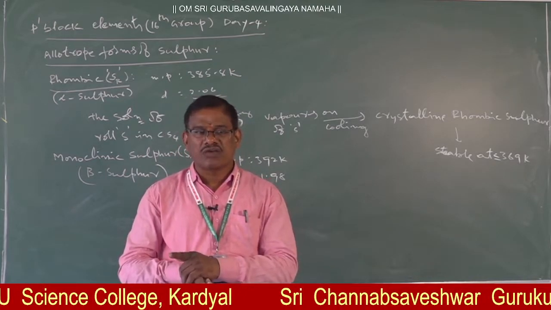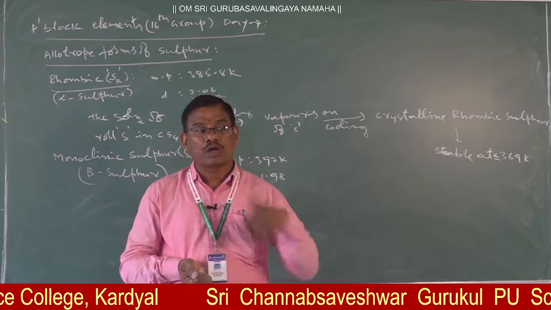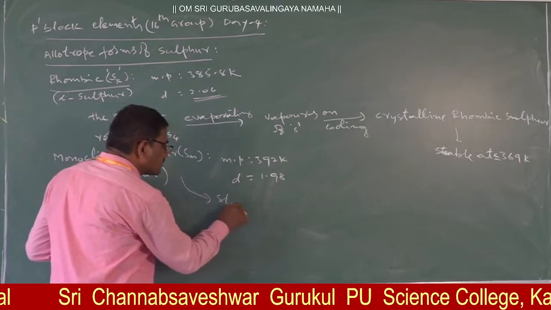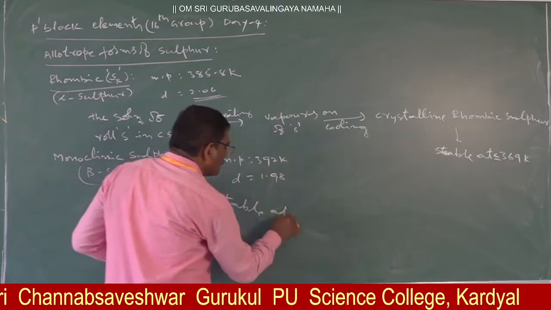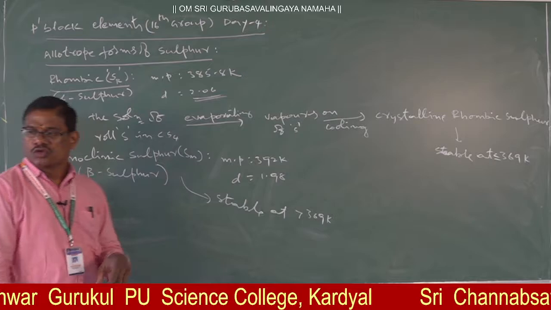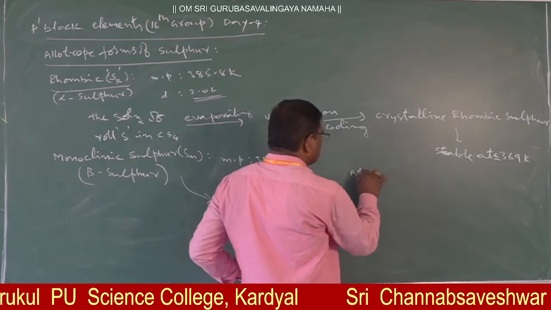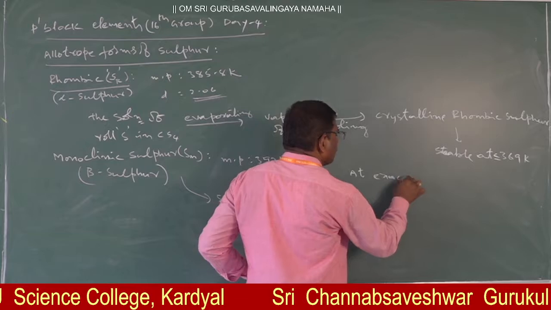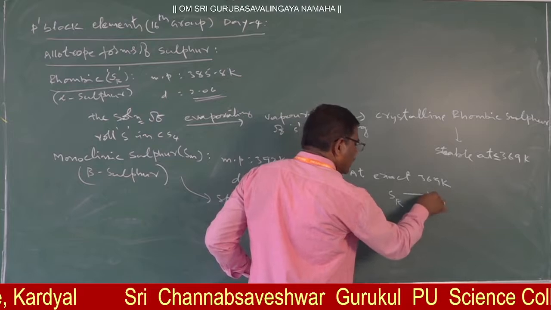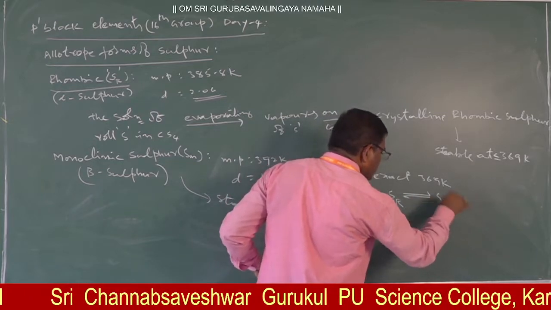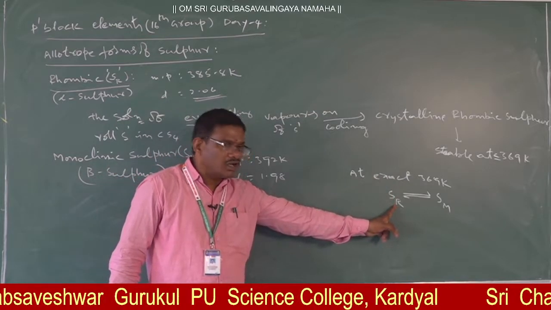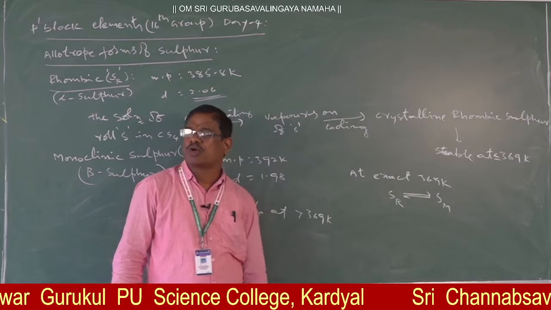This monoclinic sulfur is stable at more than 369 Kelvin. At exactly 369 Kelvin, rhombic sulfur is in equilibrium with monoclinic sulfur.